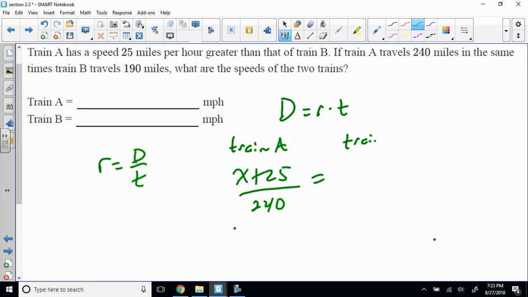And then train B is x over 190. See, I don't know how fast train B is going, but I do know that train A is 25 miles per hour greater.